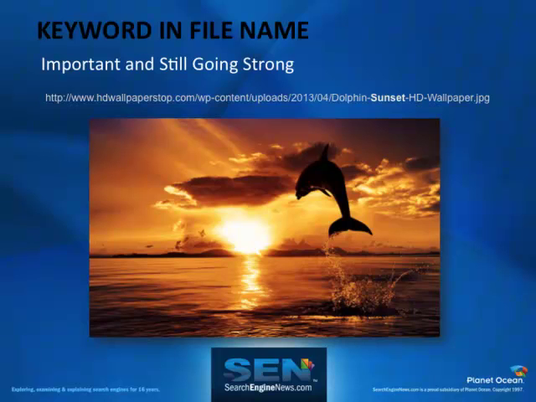So, when you're saving your file to your website or uploading it to your WordPress server, it's going to be a lot more important if you use an actual keyword phrase like this dolphin sunset wallpaper thing. This is going to rank really well for HD sunset images or HD wallpaper dolphin, that kind of thing. It's going to probably show up.